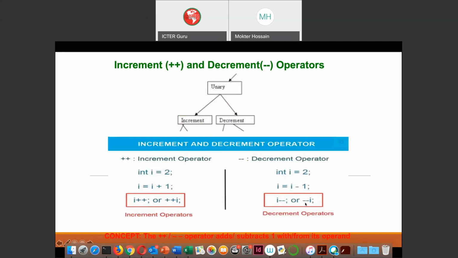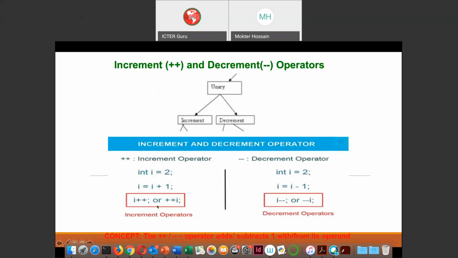Similarly, if you say minus minus I, that means I equal to I minus 1 too. You see, there are two different notations of these increment and decrement operators. You see that I wrote I plus plus or plus plus I, or I minus minus or minus minus I.